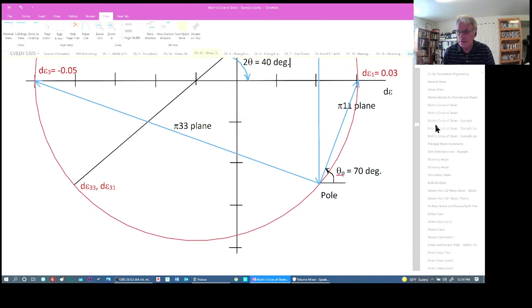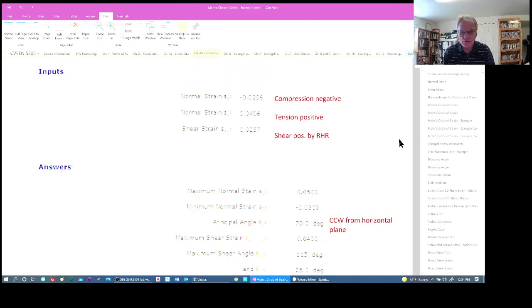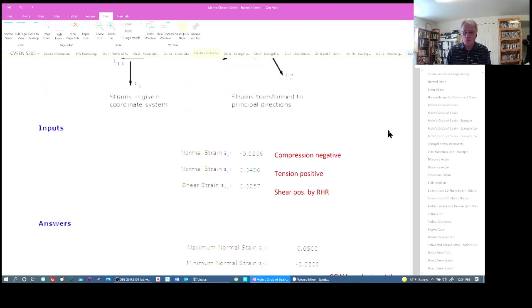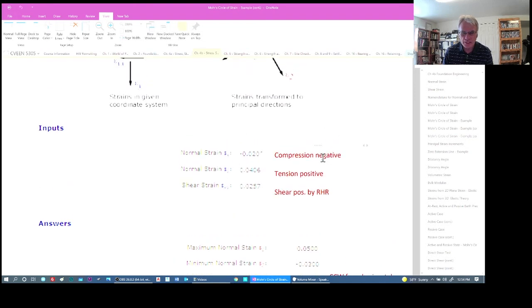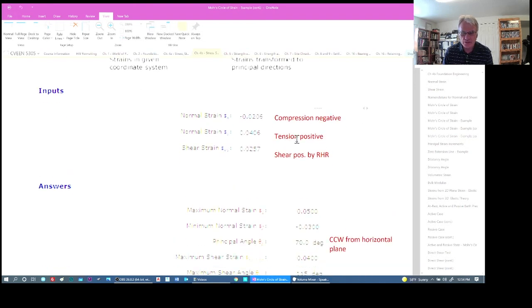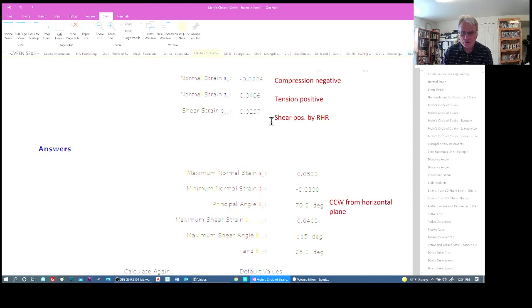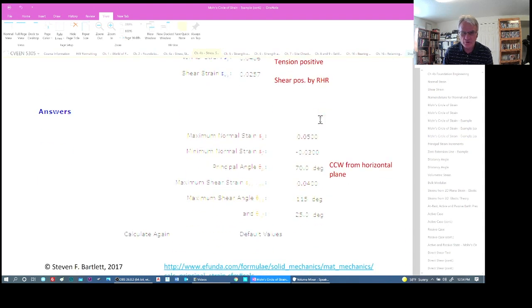To check this, I went in and used the web link that I showed you previously, and I put in the normal strain. In this particular solver, compression needs to be negative and tension needs to be positive, and shear is positive by the right hand rule.